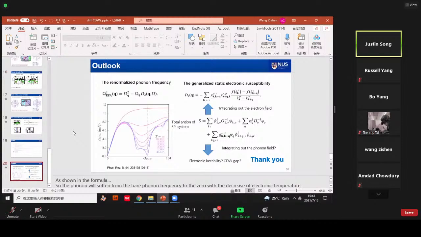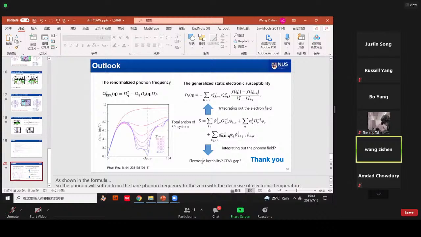Yeah. So would you say that the very last thing you said, that you didn't really understand something? I missed it, sorry. So this T2 variable is obtained by integrating all the electron fields in this action. So I'm thinking about how about integrating all the phonon field.